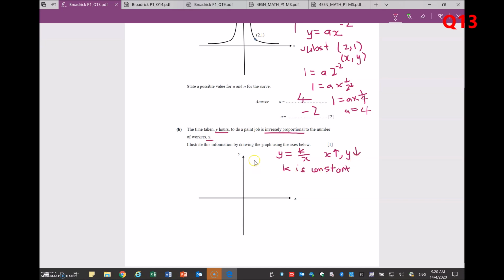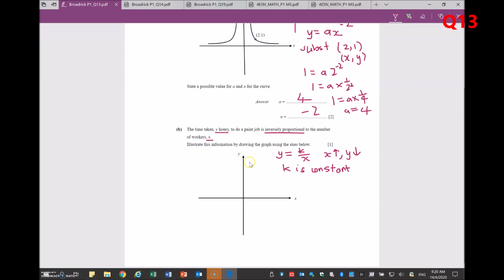In terms of drawing a graph to show this relationship, I want the values of x increasing, so I go to the right of the graph. Also x values must be positive. I'm going to use only the positive values of the x-axis because the number of workers has to be positive, and the time taken to complete the work is also a positive value because time has to be positive.